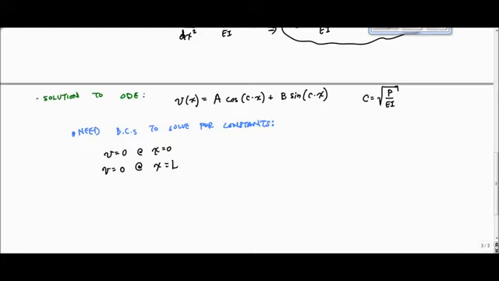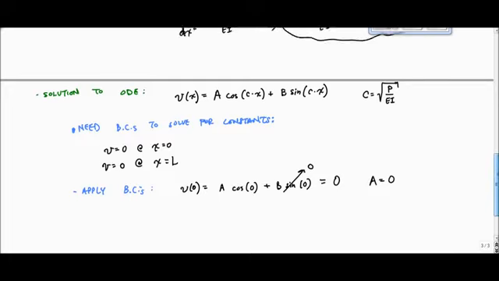Now if I substitute, apply BCs right here, I get that V0 is equal to A cosine of 0 plus B sine of 0, which is too trivial, equals 0. That tells me A equals 0. Okay, there's one.